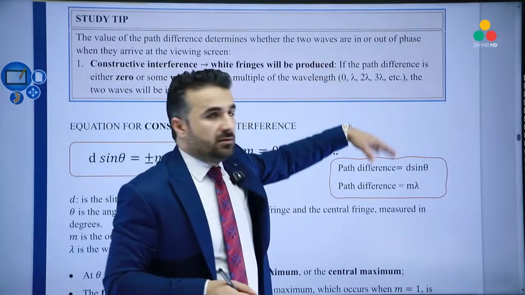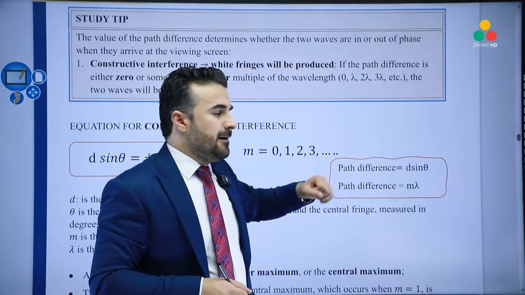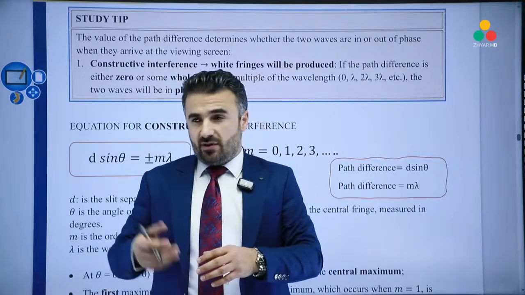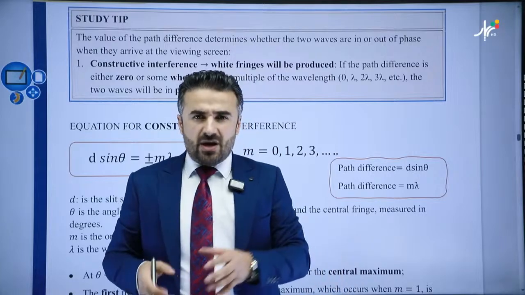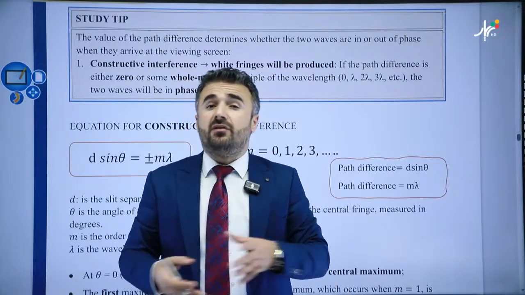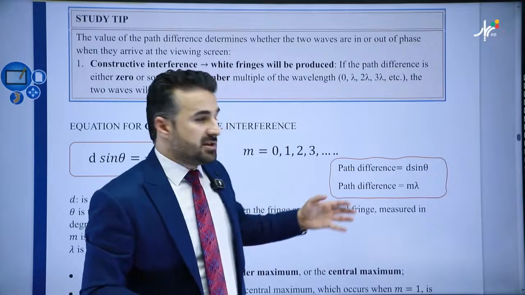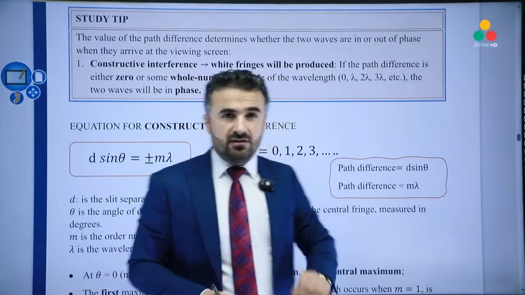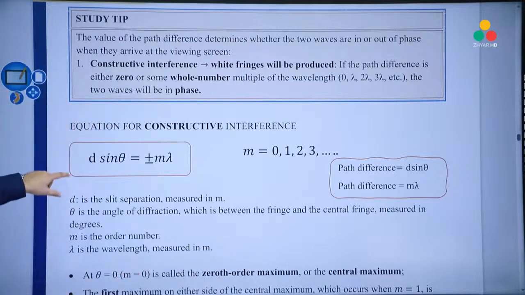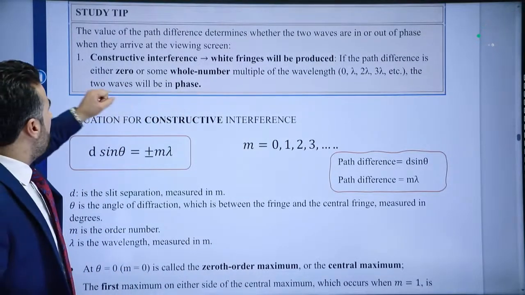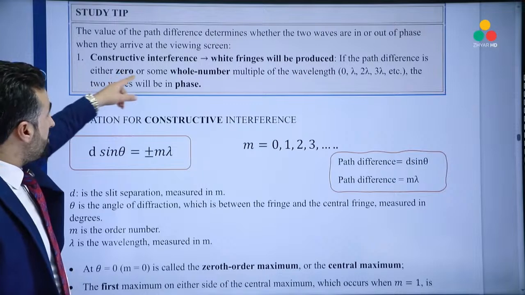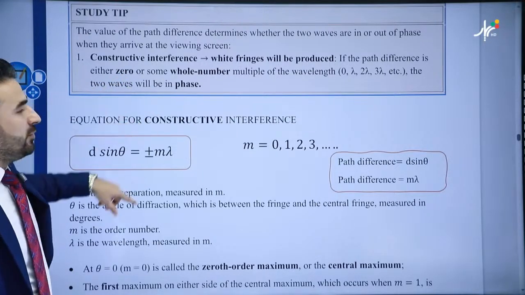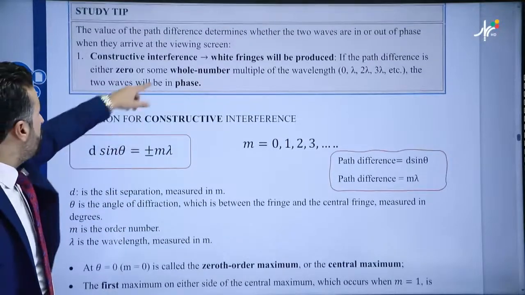If the path difference is 0, that means both waves have traveled the same distance, so they arrive in phase, and that leads to constructive interference. So if the path difference is 0 or some whole number multiple of the wavelength, the two waves will be in phase, and that is what causes constructive interference.